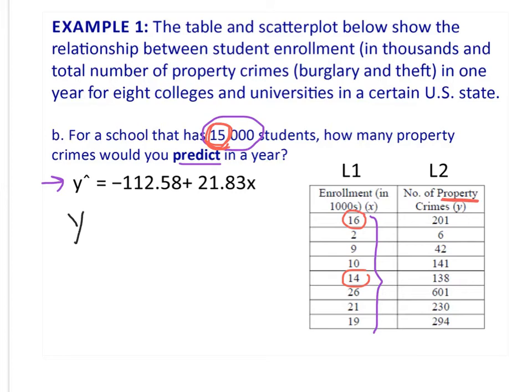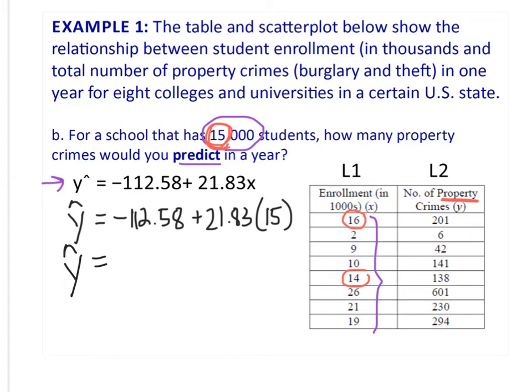All I do is say y hat equals negative 112.58 plus 21.83 times 15. Notice I'm doing 15, not 15,000, because the enrollment is already in thousands. When I press enter on my calculator, or when I do that by hand, you get that y hat equals 214.87.